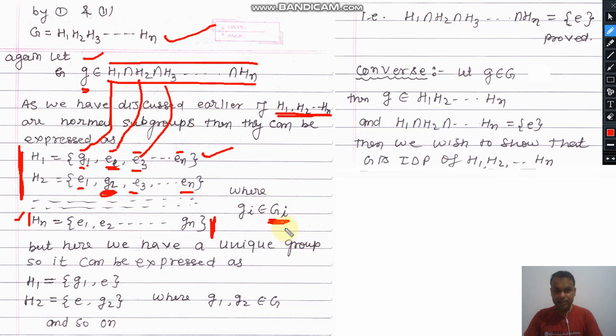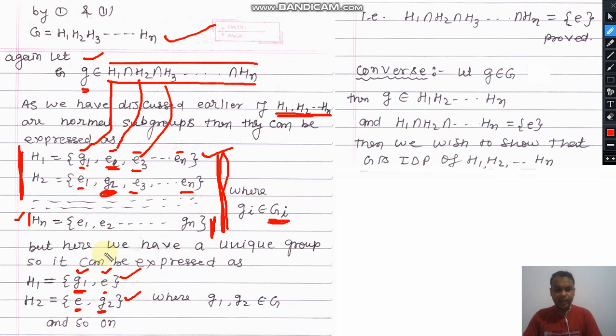Here we have only a single group G. It means we have to write the definitions of H1, H2, H3 in terms of a single group G. So if you take any element from group G, then the remaining elements will be identity. If we fill the first position with the identity, then the second position will be filled by an element, because G has the unique identity e. So I am writing here e and any element from G. This will be the structure of H1, this will be the structure of H2, and so on.